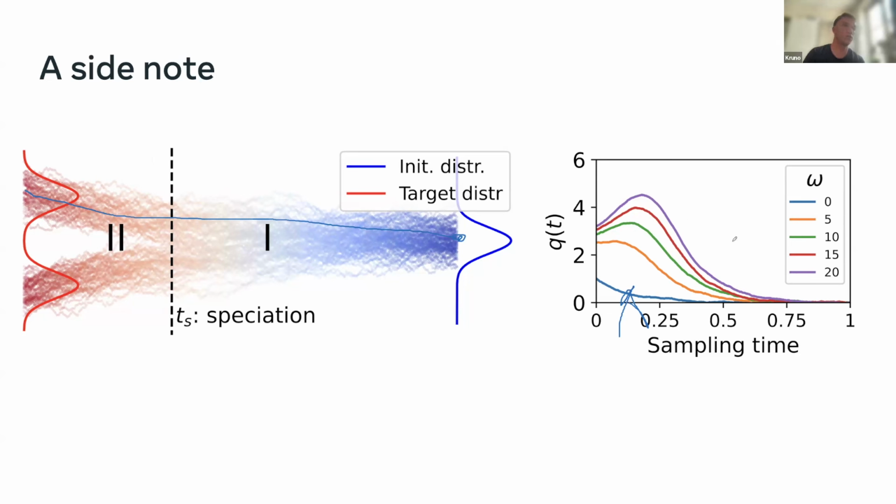What's been observed in practice is that in low dimensions, if you use strong classifier-free guidance, so for example let's look at this purple curve here, your paths are very soon going to overshoot.